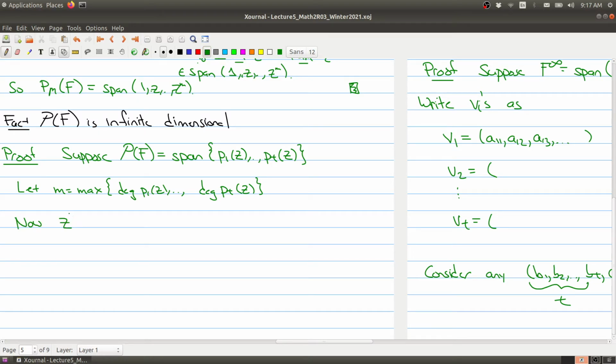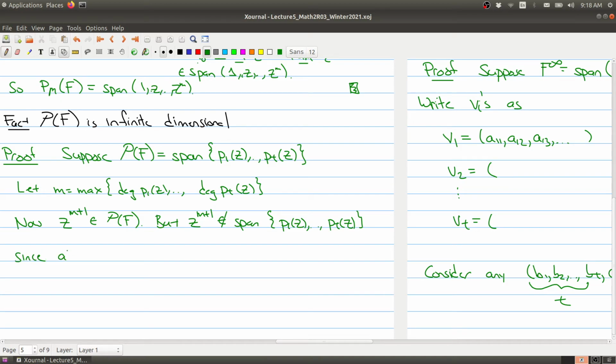Well, then z^(m+1) is inside of P(F), because that's simply a polynomial. It can be a polynomial of any degree. All right. But z^(m+1) is not in the span of p1(z) up to pt(z), right? And why is this?